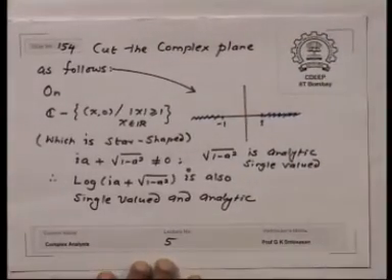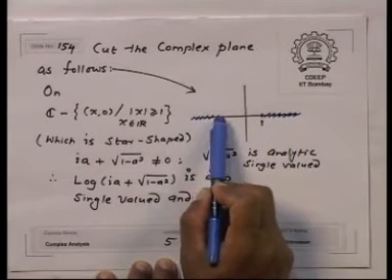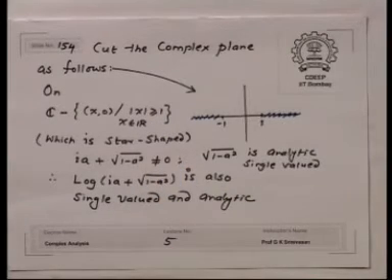What you do is you take the complex plane and you cut the complex plane along this ray and along this ray. Now I made two cuts. Is this region star shaped? With respect to which point? With respect to the origin.